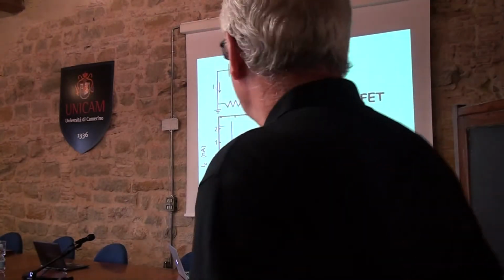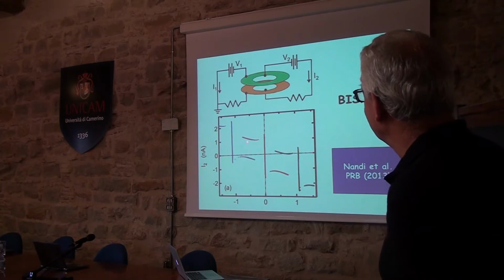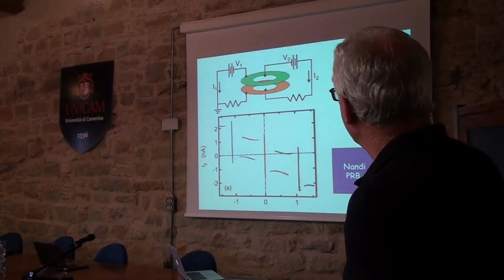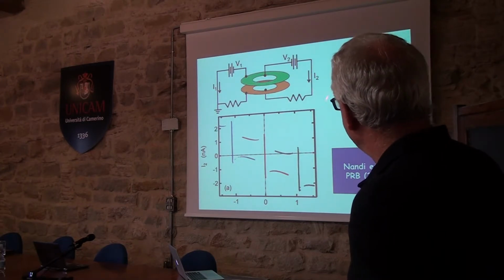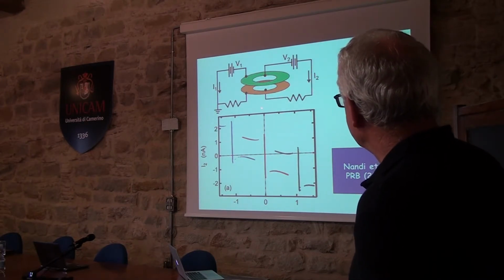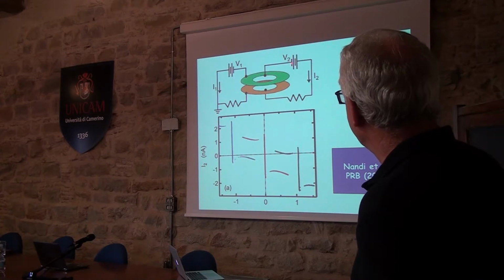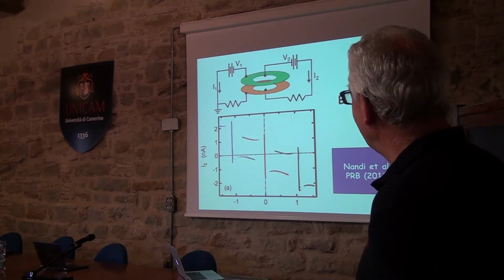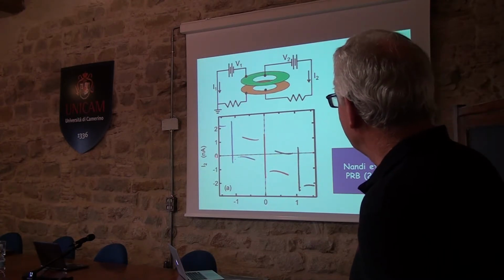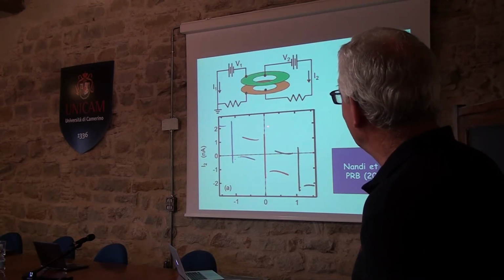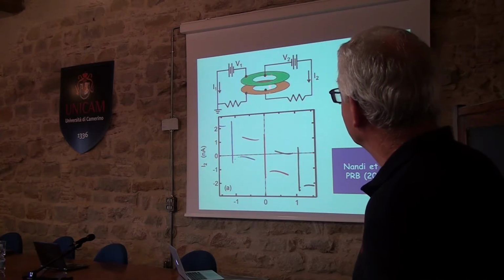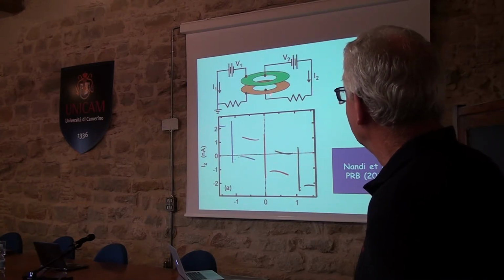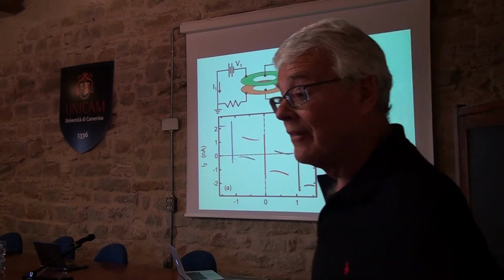Okay, so let me try and give you the qualitative ideas here. So the red curve is, so we have these connections. What's being varied here is V2, the bias voltage on the inside of the Corbino ring. And what's being plotted on the vertical axis is the quasi-particle current flowing to complete this current on the inside of the Corbino ring.